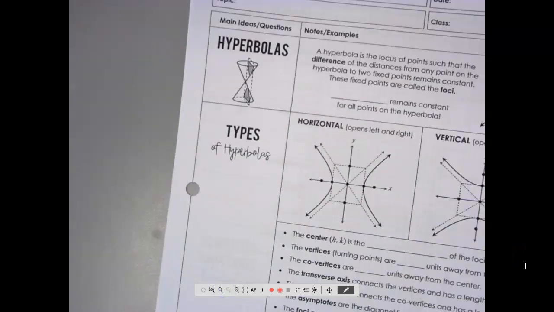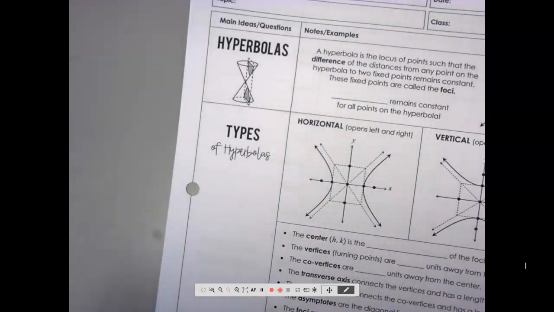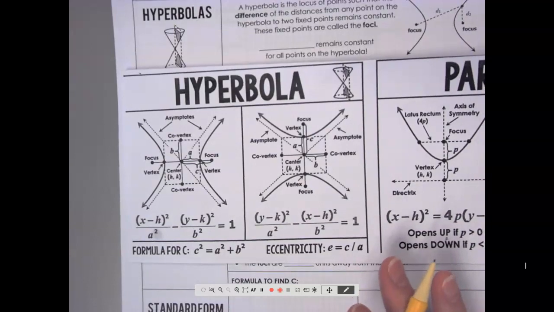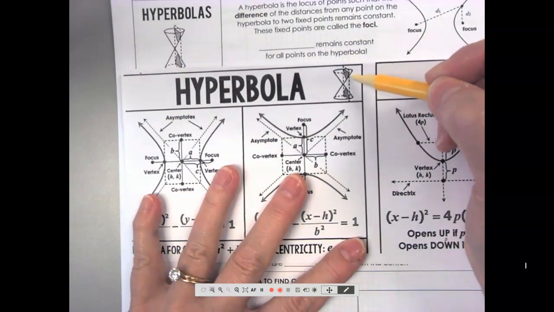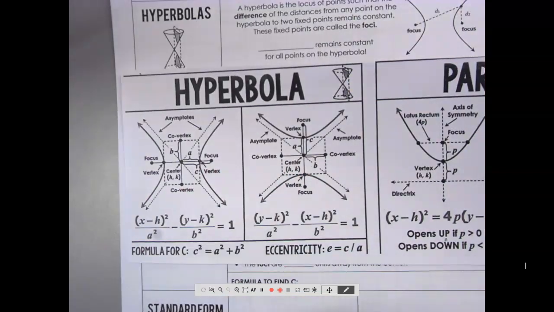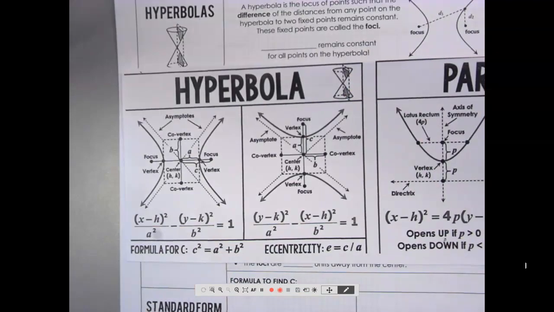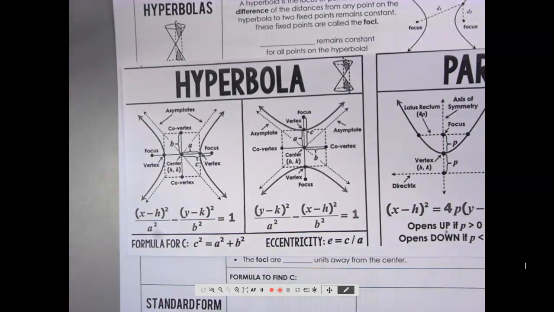Okay, so we're moving on to hyperbolas. If you'll remember with hyperbolas, when we first discussed why they're called conic sections, I said if you had two cones whose tips were touching and you slice this down, you would actually get two different pieces, one from each cone, and they kind of look like parabolas facing in opposite directions.